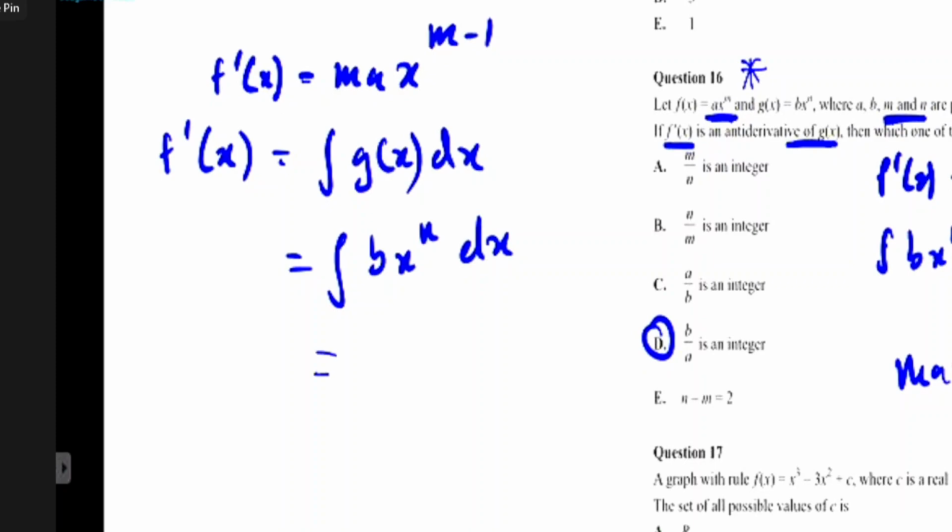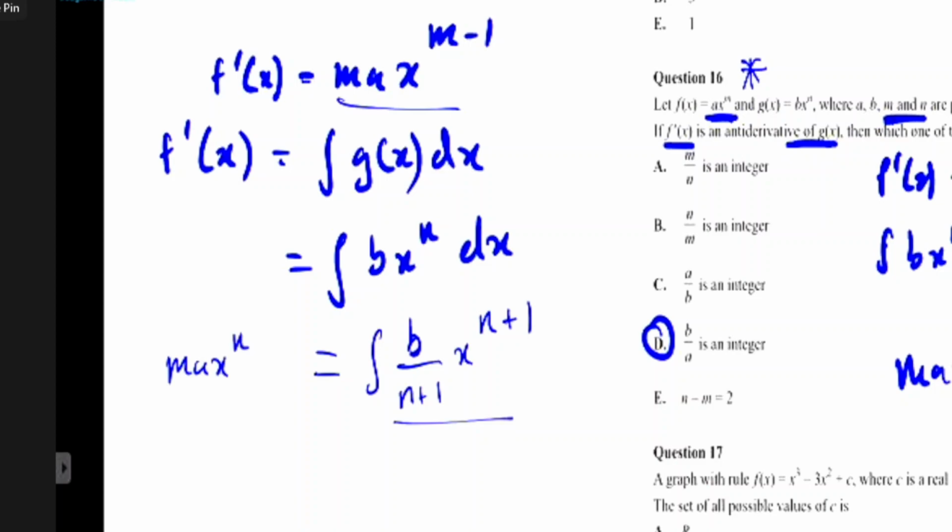Yeah, that's better. And that is equal to b divided by (n+1) times x^(n+1). So that means this is equal to this. So max^(m-1) is equal to this. We can equate these coefficients. So ma is equal to this.